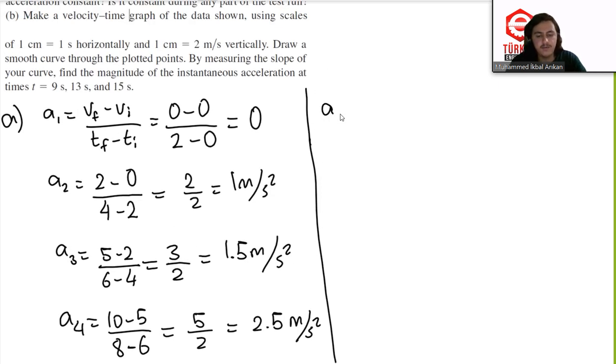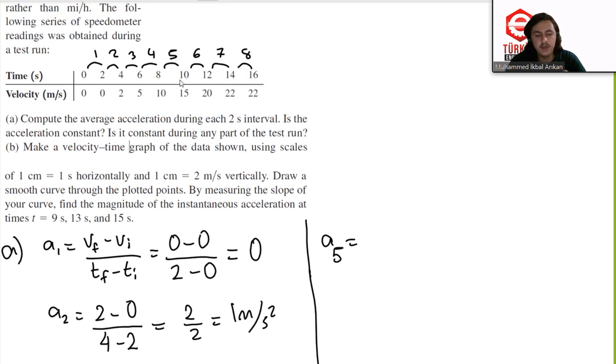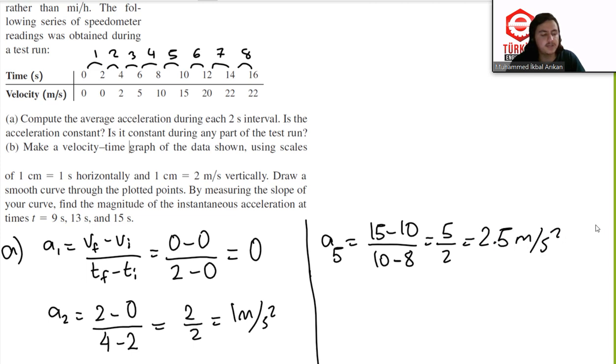So I have A5, the fifth interval, which will be equal to final velocity 15 minus 10, divided by final time 10 minus 8, which gives me 5 divided by 2, equal to 2.5 meter per second squared.